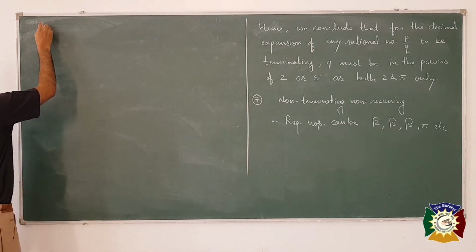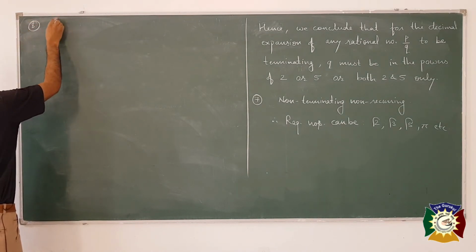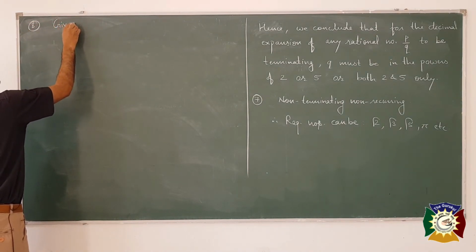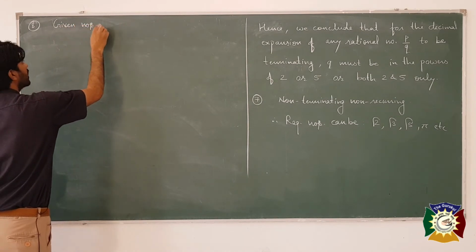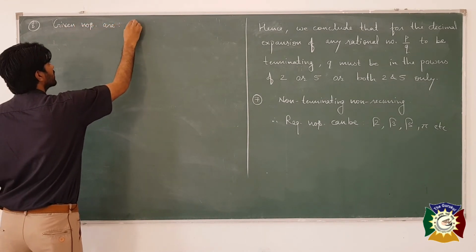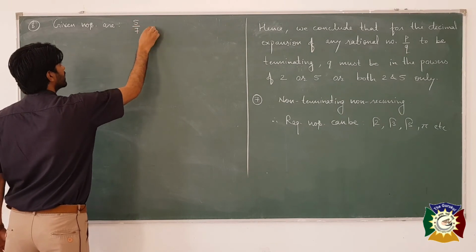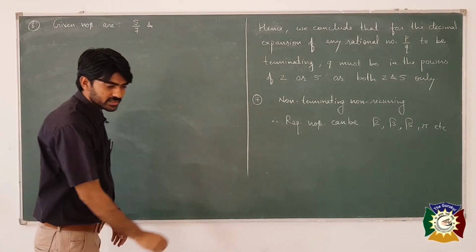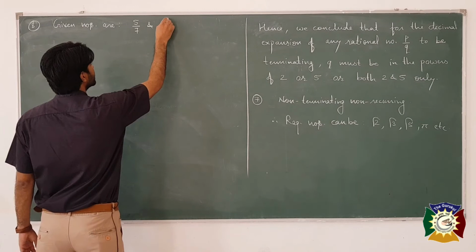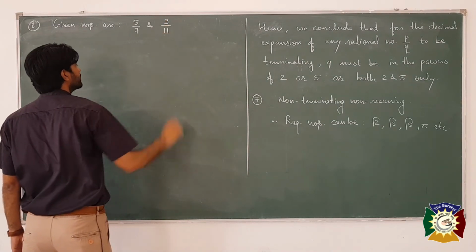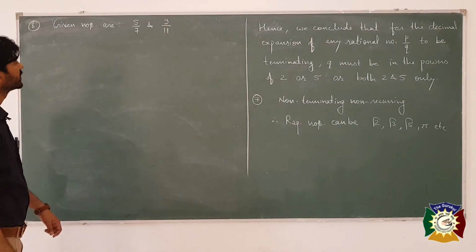The given numbers are 5 by 7 and 9 by 11.